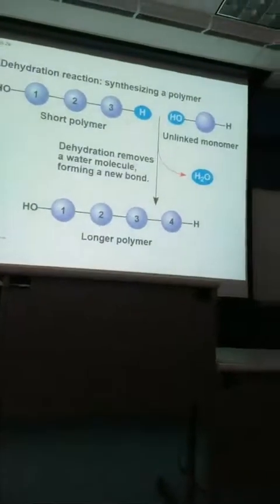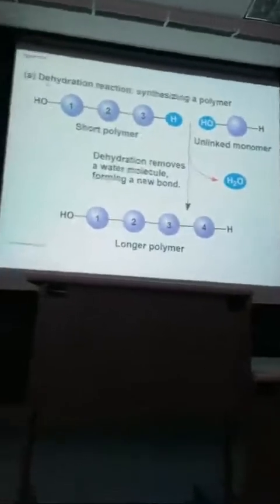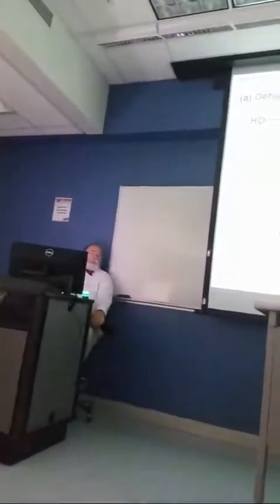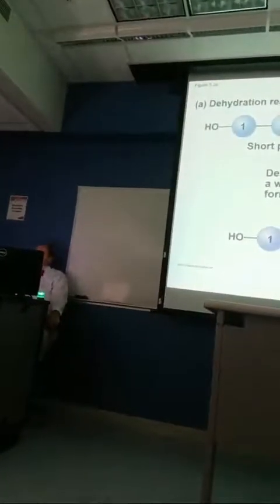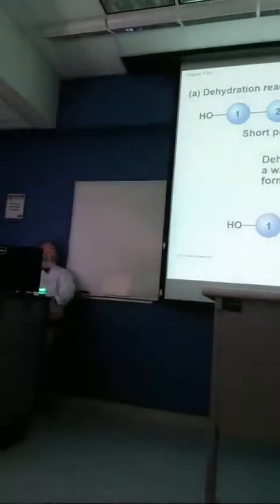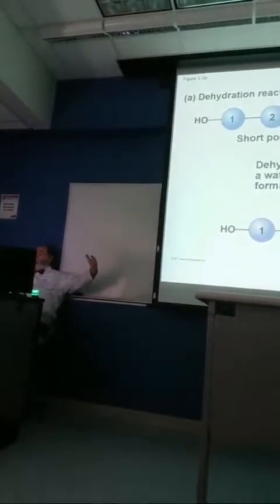You should also remember, in a dehydration reaction, dehydration means lose a water molecule. When we become dehydrated, you lose water. Dehydration reactions make a polymer grow, it adds a monomer.